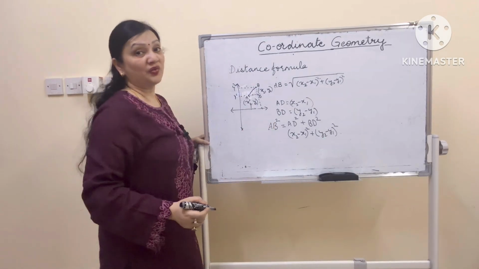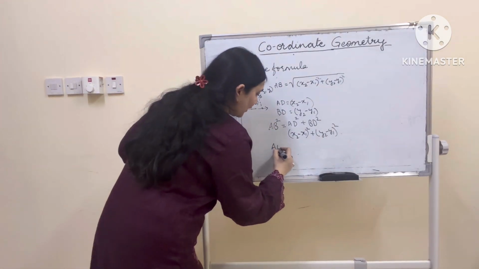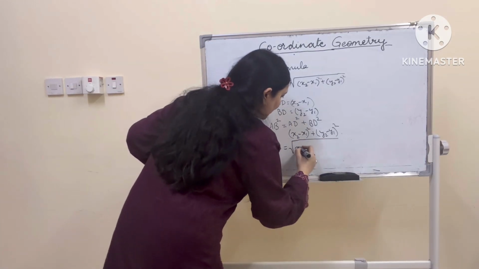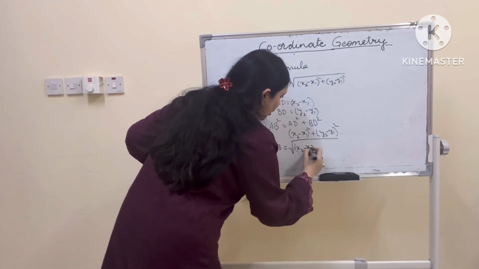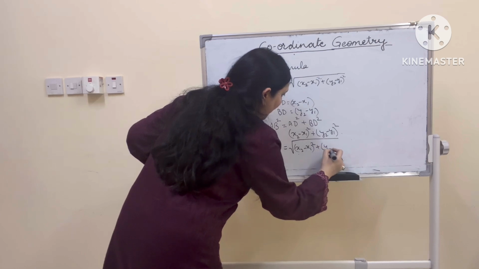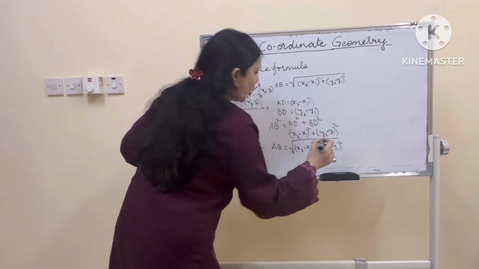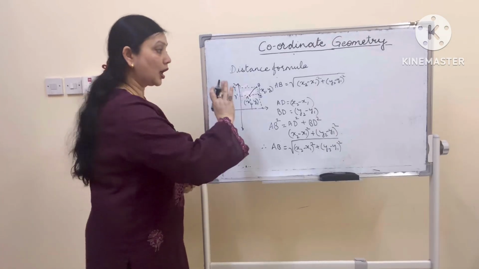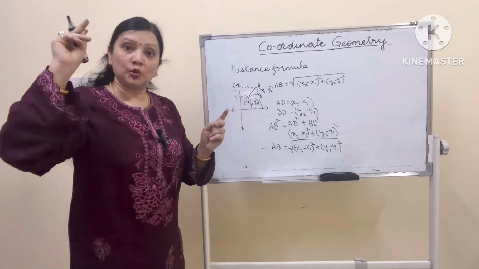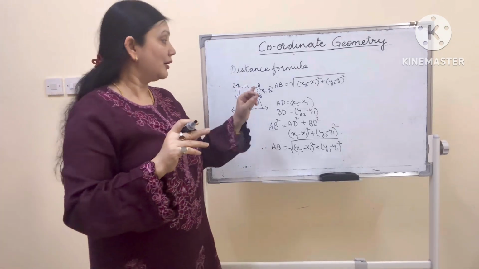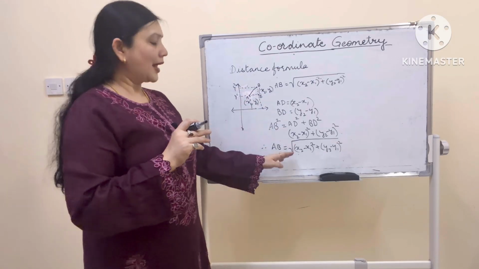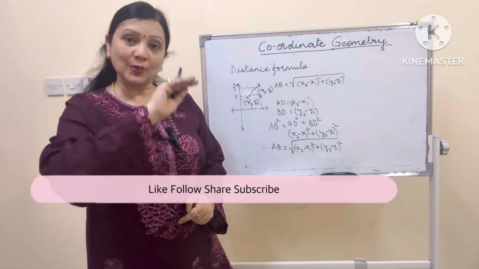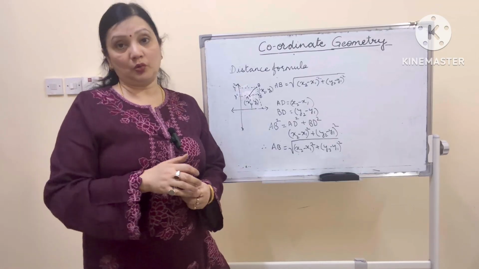And now if I have to find AB, then AB will be equal to under root of x2 minus x1 whole square plus y2 minus y1 whole square. The same formula. You don't have to learn it. You have to understand. You have to imagine that the 2 points are part of a right angle triangle. And it's simple: x2 minus x1 whole square plus y2 minus y1 whole square, and you have to find the under root of it. Okay.